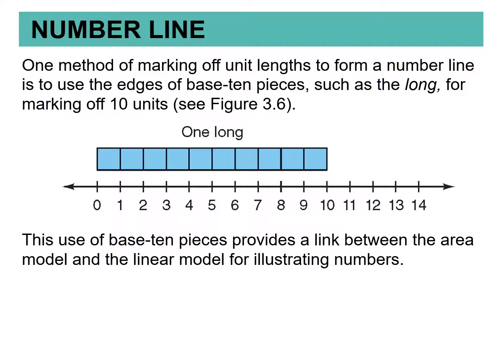So what this will show us is that not only do we have a linear model, like how many units it is long, but we also have an area model, which we'll look at when we get to the multiplication. But this is 1 unit high and 10 units long, so the area of this is also 10.